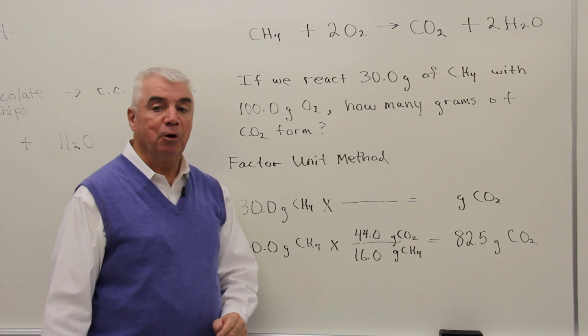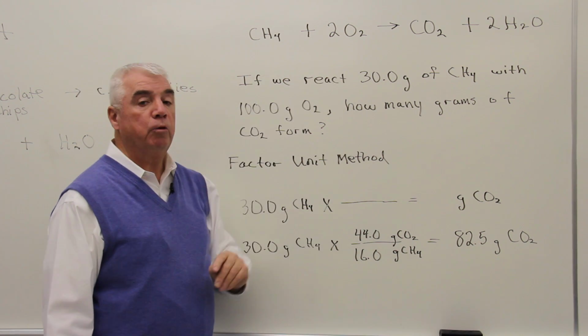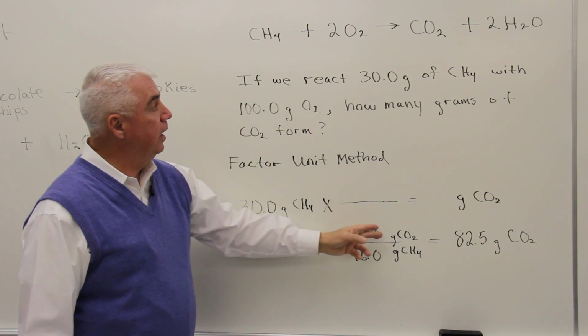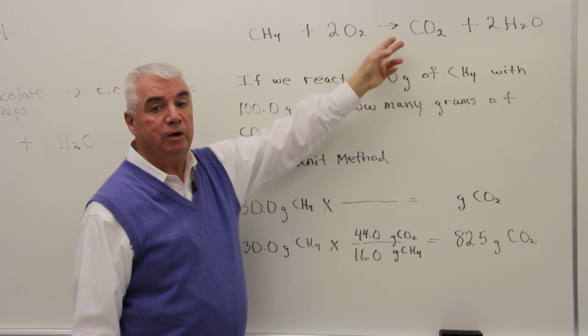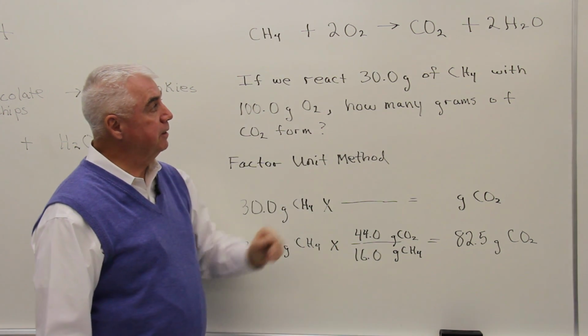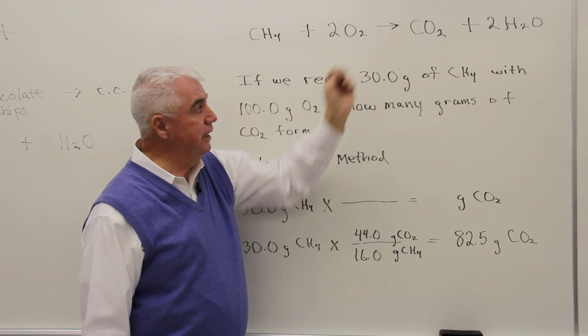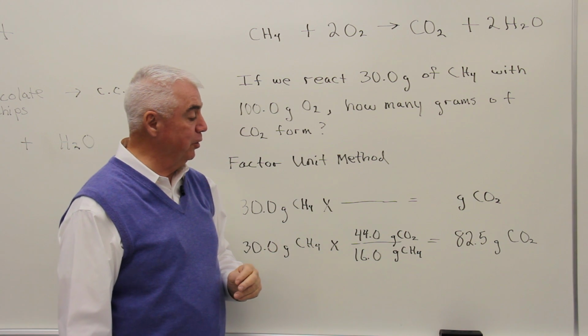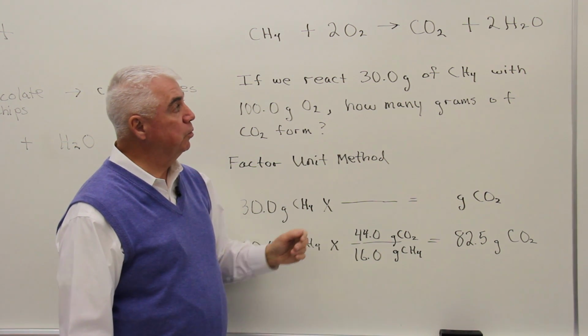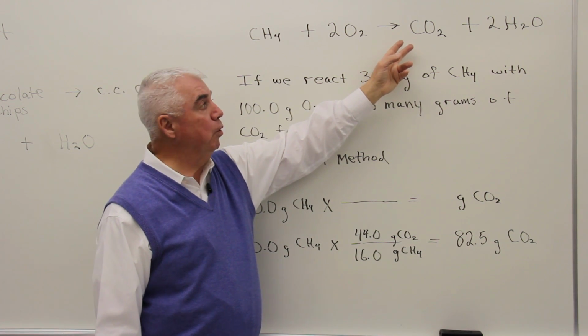We get these numbers from the balanced chemical equation by interpreting it in terms of moles. And the number in front of CO2 is 1. It's abbreviated, left out, but that coefficient 1 indicates 1 mole of CO2. And to convert that to grams, we'd use the periodic table.